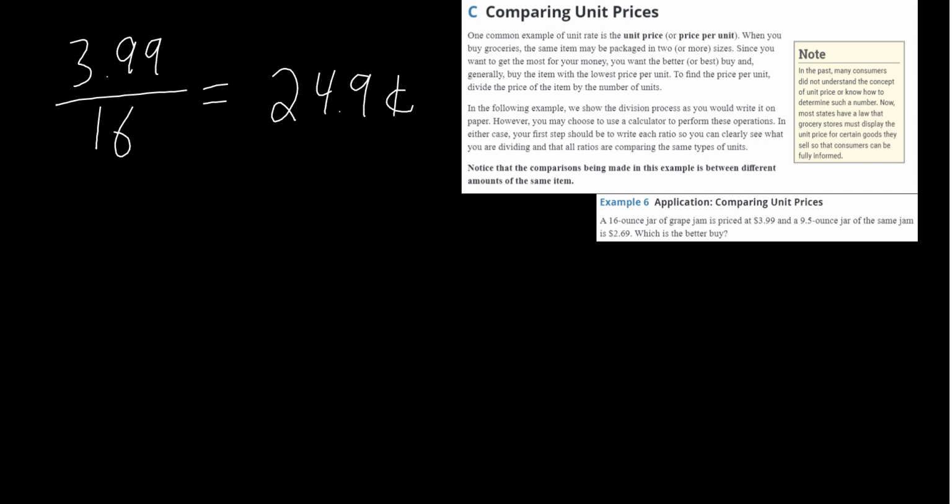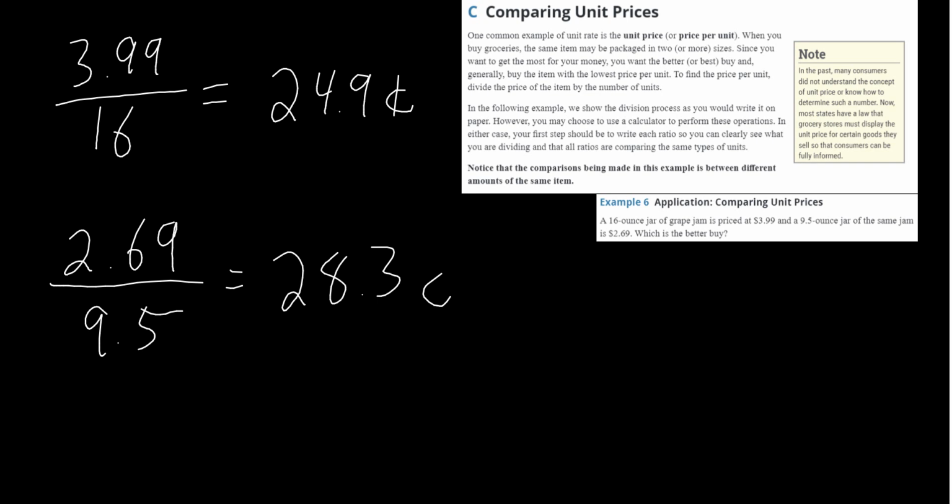Anyways, the next one is going to be 2.69 divided by 9.5, and that is 28.3 cents per ounce.